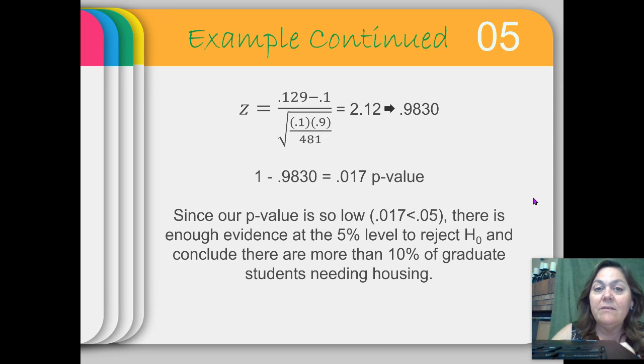The writers of the test were saying, if you don't put context, you're not getting all the points. So we always have to remember, we can't just say reject H0 and accept Ha. What does that mean in context? It means we're going to conclude that more than 10% of the graduate students need housing. We need to give that information to the college so that they know that they're underestimating their needs.